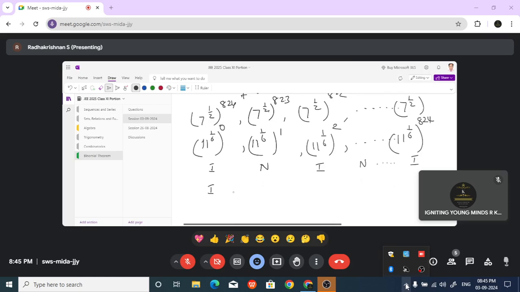Because this is 0, which is divisible, it is an integer, because 11 power 0 is 1, which is an integer. Okay, so next is 1/6, then 2/6, which is non-integer. Next 3/6 non-integer, 4/6, 5/6, and only when we reach 6/6 is it an integer. This is how it goes.